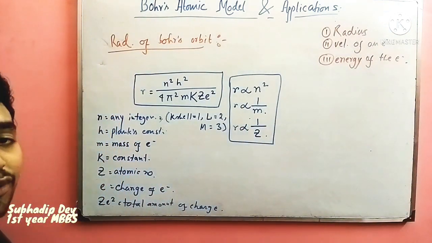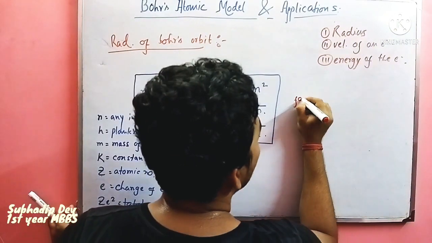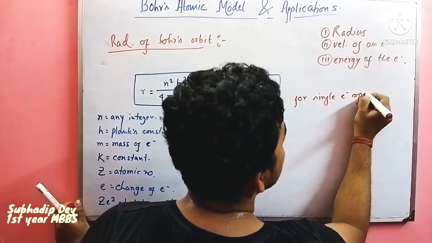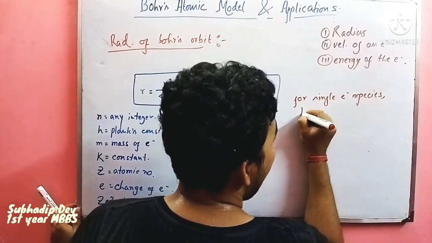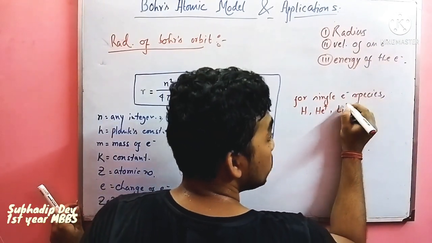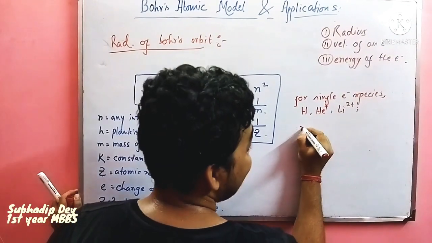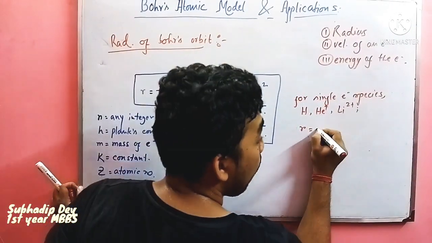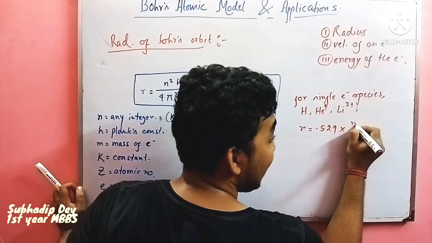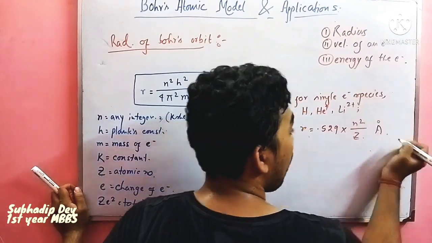And now if we put this whole idea for a single electron species like hydrogen atom, helium plus, lithium 2 plus, what will we get? We will get radius equal to 0.529 into n square by z Angstrom.